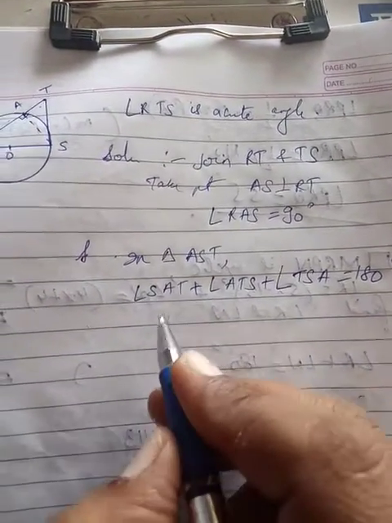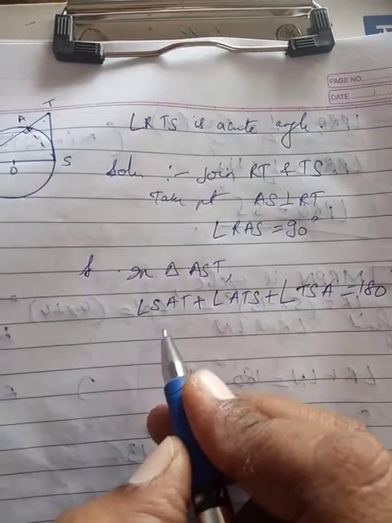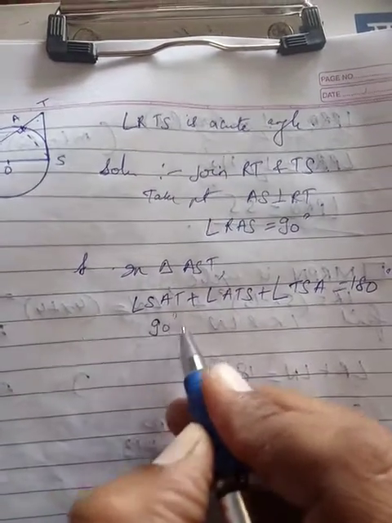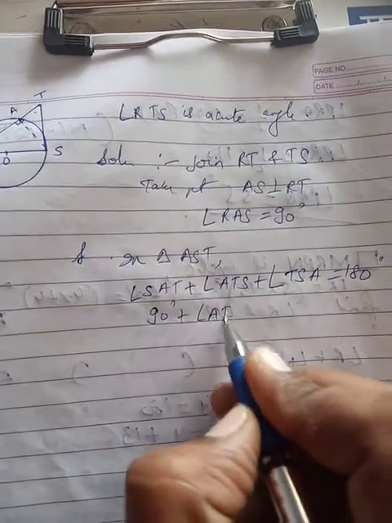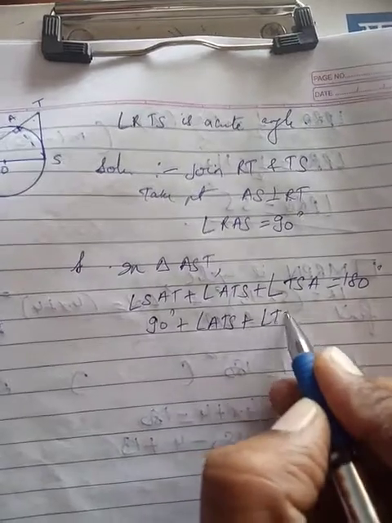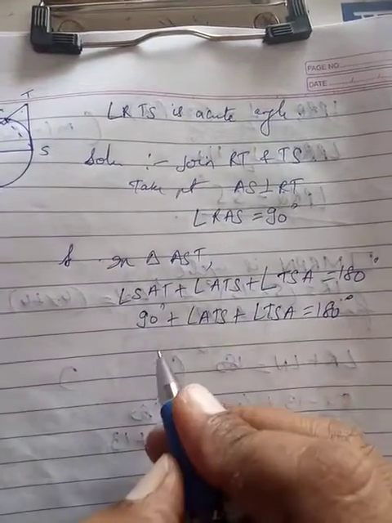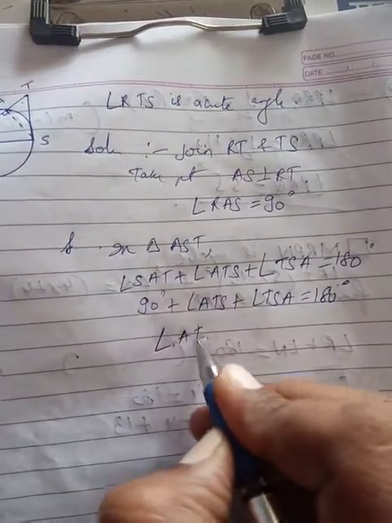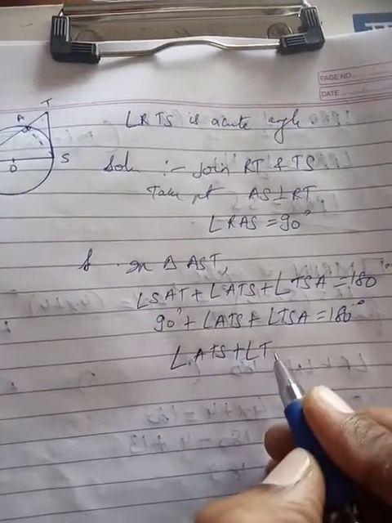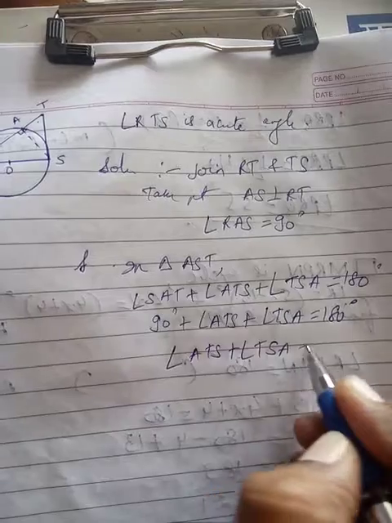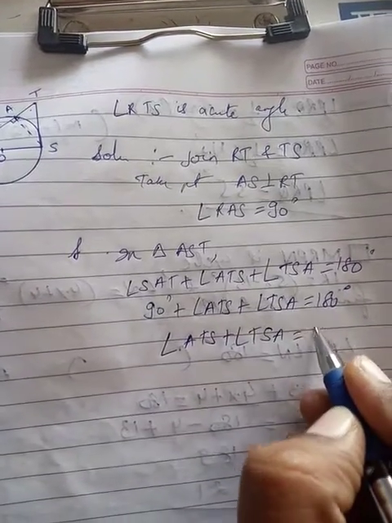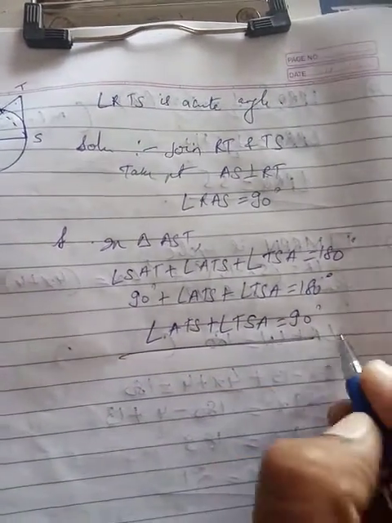So angle SAT will be your 90 degree, angle ATS plus angle TSA is equal to 180 degree. So you can shift it that side, angle ATS plus angle TSA is equal to 180 minus 90, that is 90 degree.